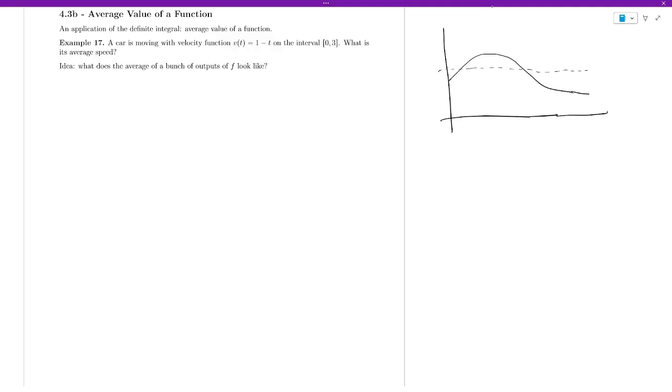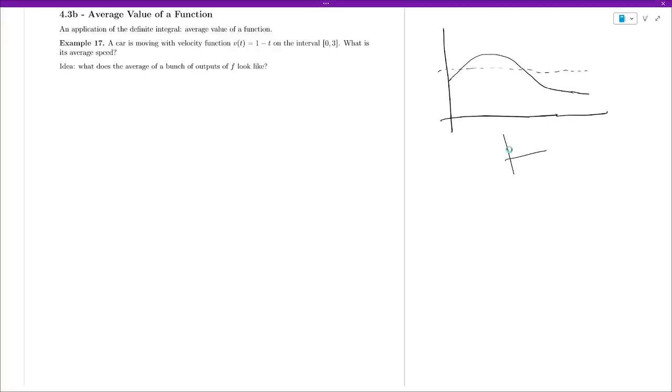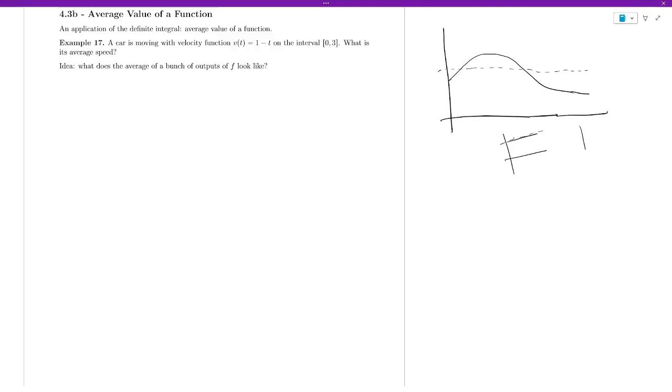It's a little hard to pin down without doing a zillion examples, but you can imagine, if I'm going flat the whole time, that should be my average speed. If I'm doing a constant acceleration, my average speed should be right in the middle, something like that.